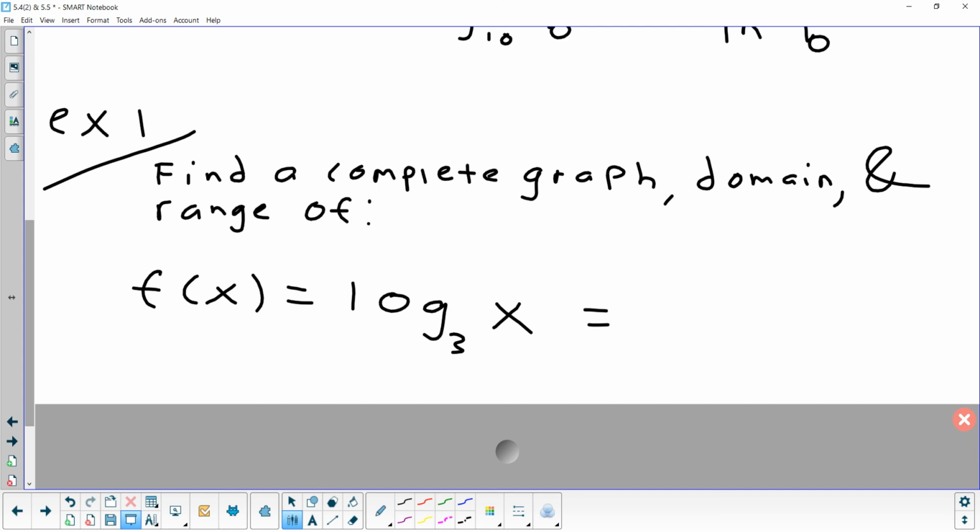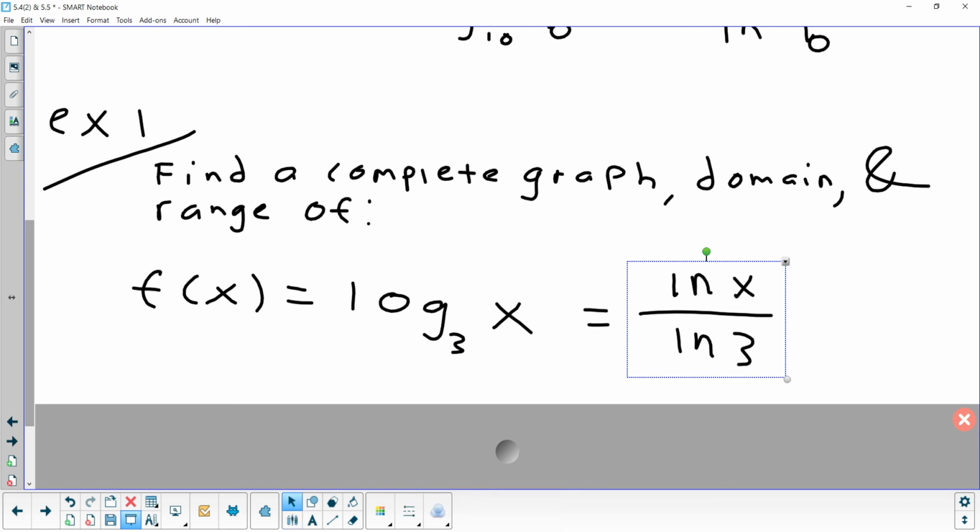Caleb? ln x over ln 3. Yep, that's one way we could do it. ln x over ln 3. So I've just converted it from something that I don't have a button for directly to something that I do.